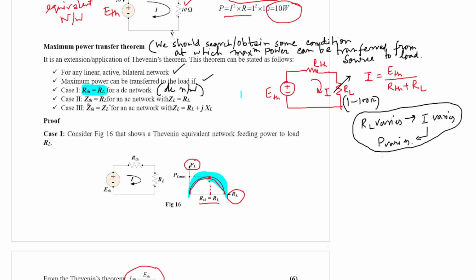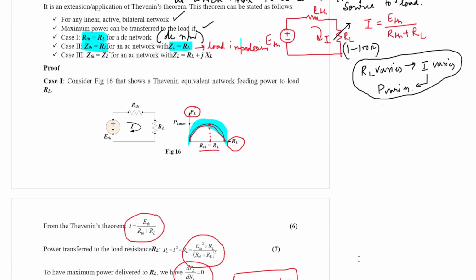Case 2 states that for an AC network with ZL equal to RL, that is, the load impedance has only resistance, when ZTH is equal to RL, we can expect maximum power to be transferred from the source to the load.